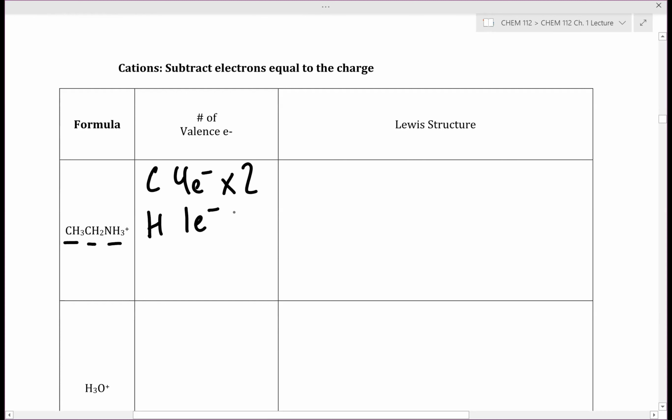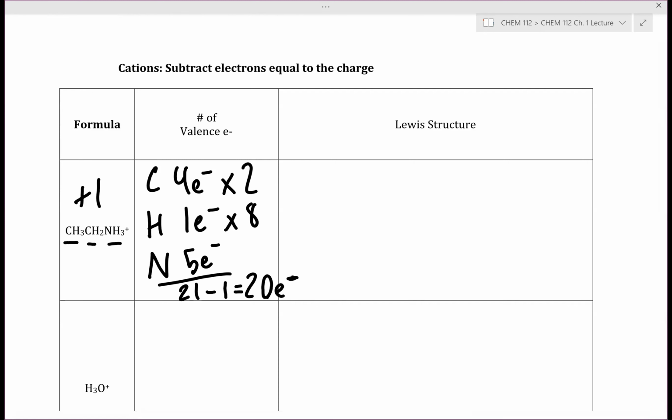Hydrogen has 1 electron, and we have 8 hydrogens. Nitrogen contributes 5 electrons. We take our total, which is 21, and subtract our charge of +1. That gives us 20 electrons to work with. Does that make sense to everyone? Make sure you're counting electrons correctly, or you will not get the correct structure.